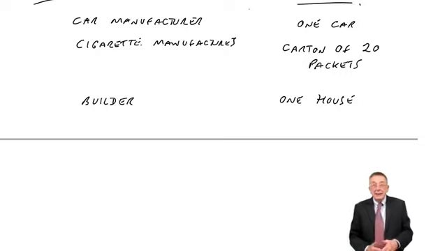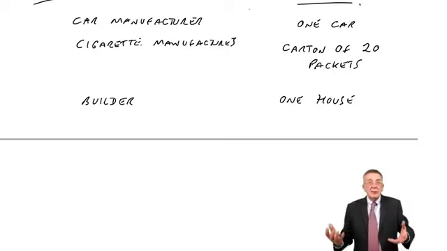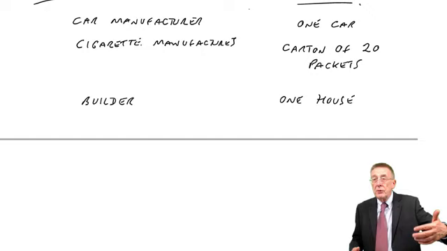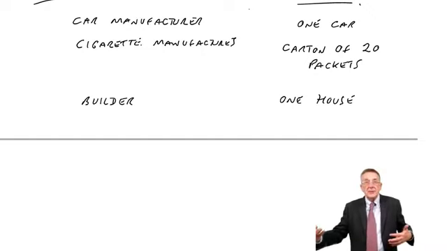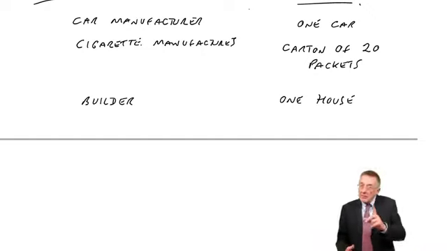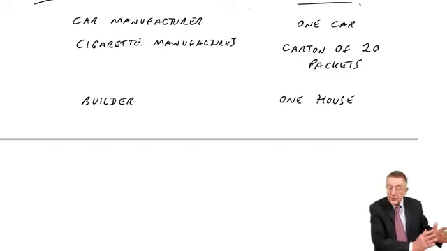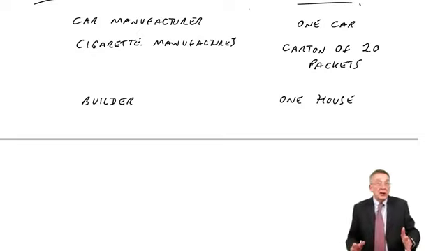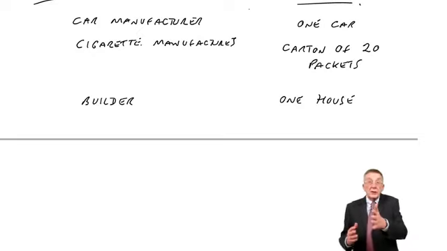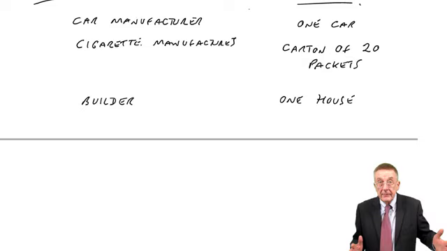But a builder is likely to be building all sorts of different houses. Some might have 2 rooms, some might have 5 rooms. And so the builder is likely to have to cost each house separately. The car manufacturer, no, if they're all identical cars, once you've costed one, you've costed all of them.